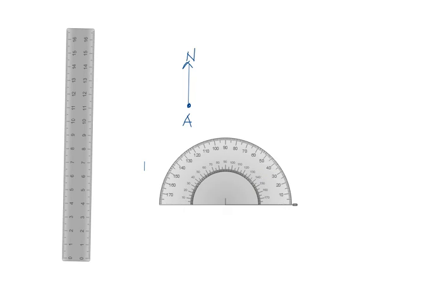Then from that line we are supposed to measure 295 degrees using our protractor.